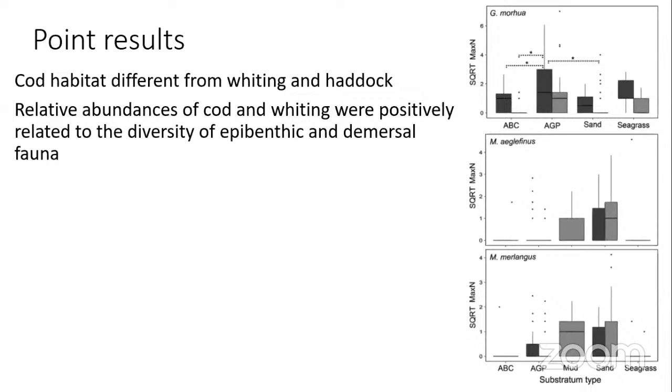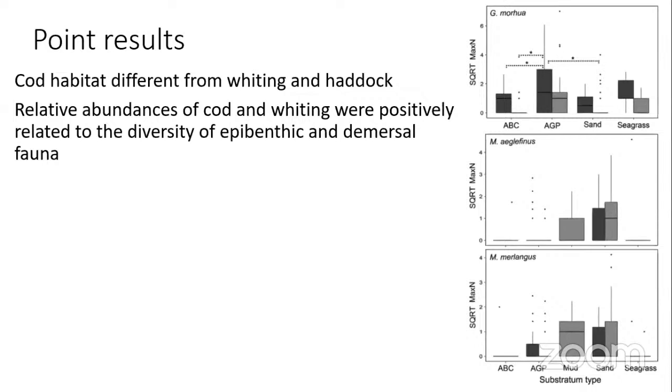So two general things you can see. Cod, in the top panel, has a very different distribution of juveniles compared to the other two species, even though these are all gadoid fish. Very many more in the gravel, the AGP seabed type, than the others, which tend to be much more in the mud and sand.